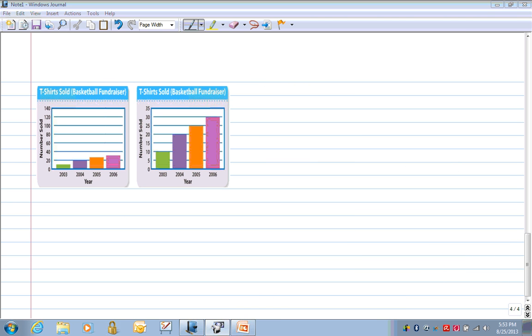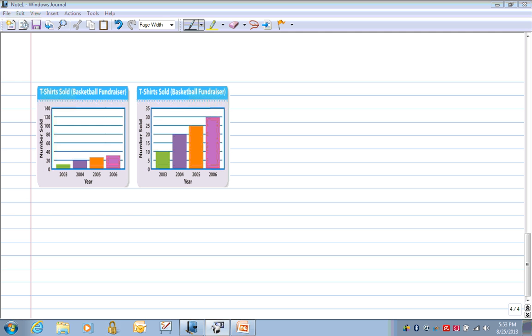Okay, this is our last example. You do not need to draw this in your 2-column notes, but I want you to be able to explain it in class when I ask questions. Let's look at those 2 graphs that are side by side.